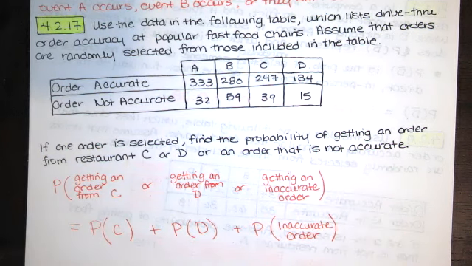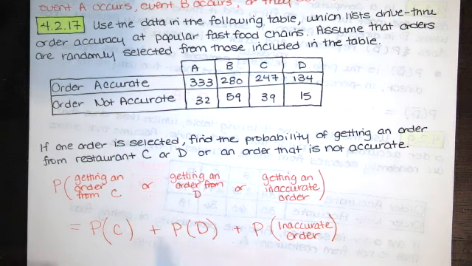But we want to subtract any overlap. So we want to subtract the probability of getting an order from restaurant C that happens to be inaccurate. So if there is an order that came from restaurant C that happened to be inaccurate, if I add this guy and this guy together, I accidentally counted that guy twice.